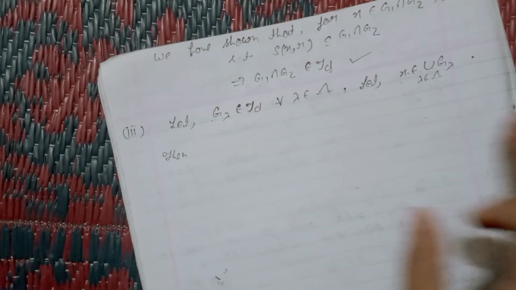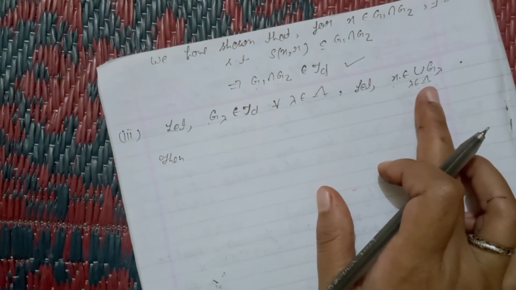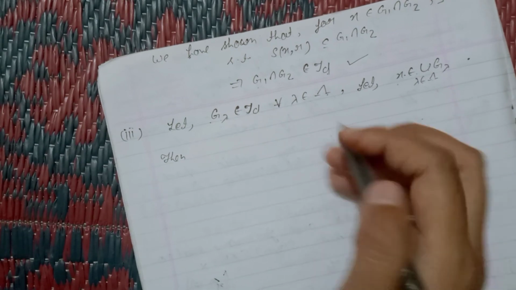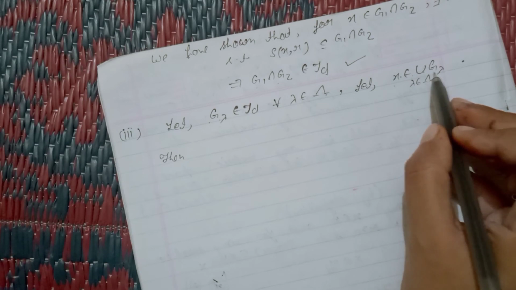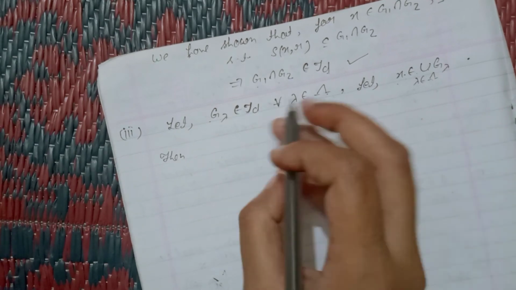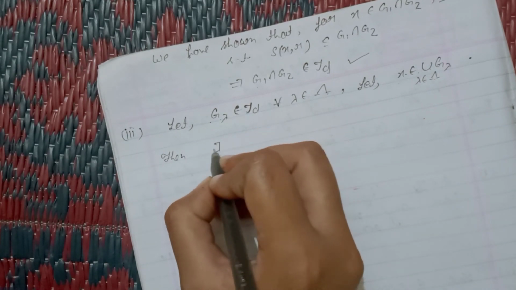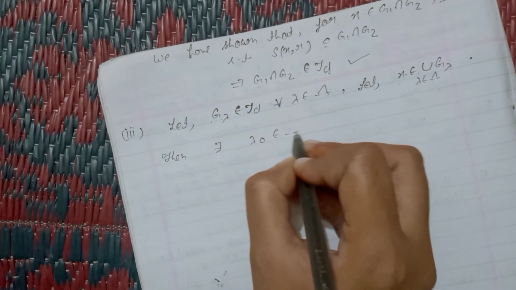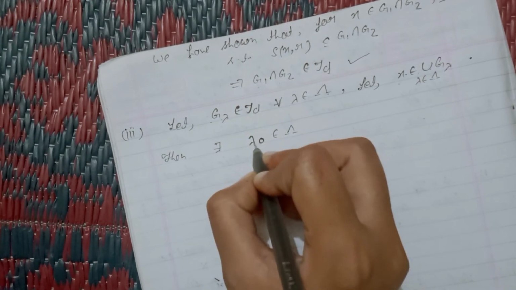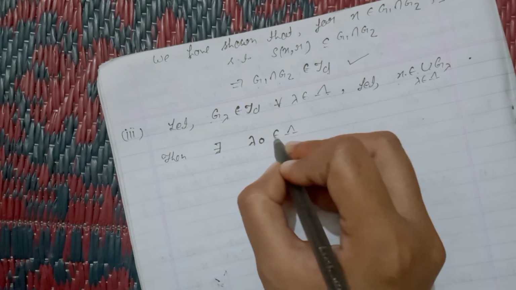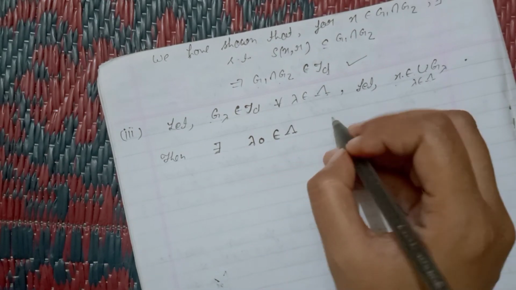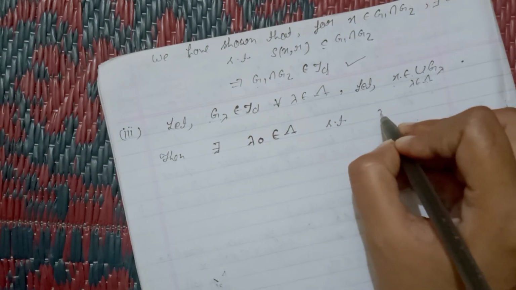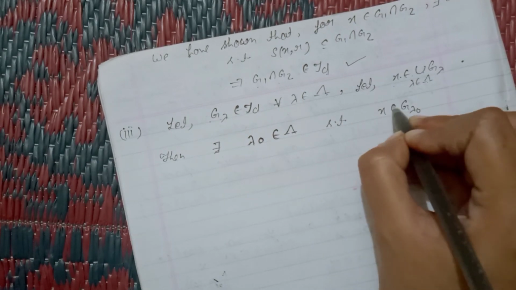So here we consider x belongs to the union of G lambdas, lambda belongs to the index set. Then there exists lambda naught belonging to capital Lambda such that x belongs to G lambda naught.